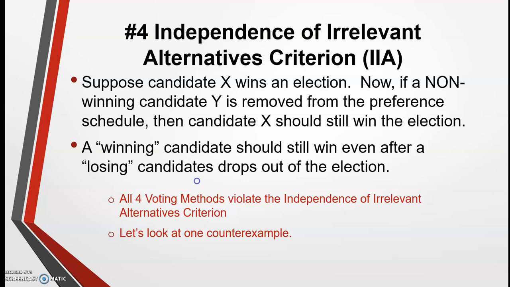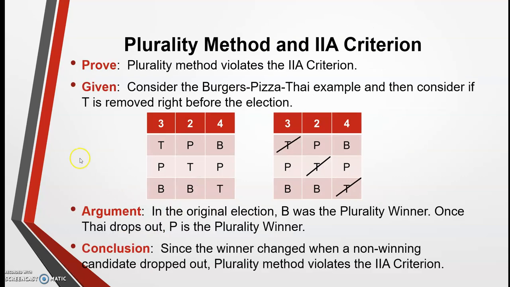So let's look at one counterexample where we have a method violating the IIA criterion, and we're going to look at the plurality method. Let's consider the burgers, pizza, and tie example, and think about who originally won using the plurality method. Burgers won because burgers received 4 votes, which was more than anybody else.